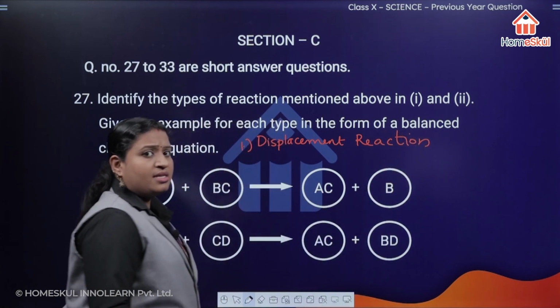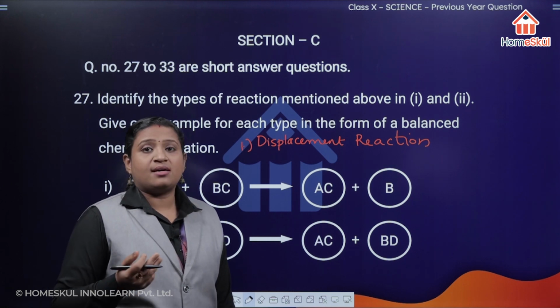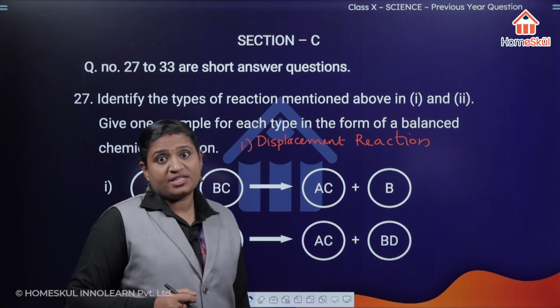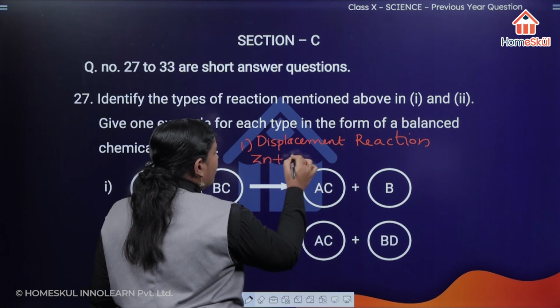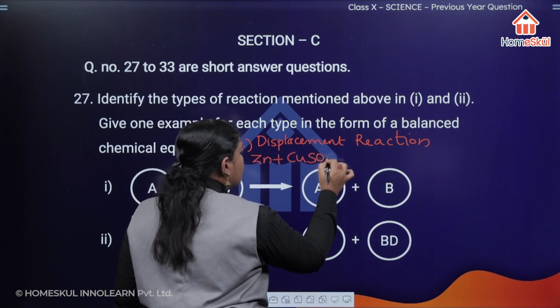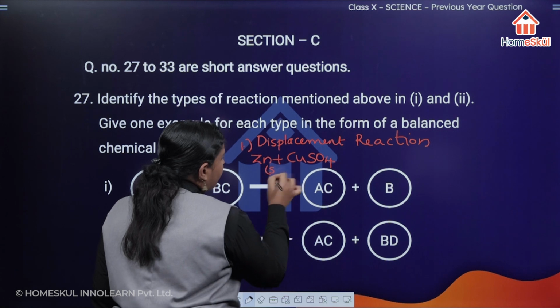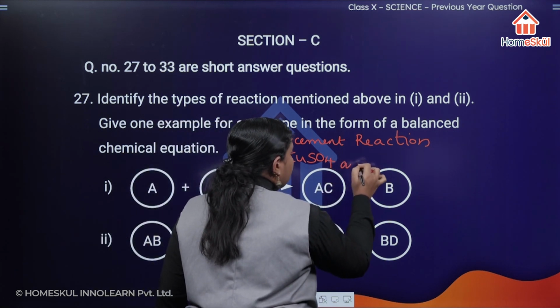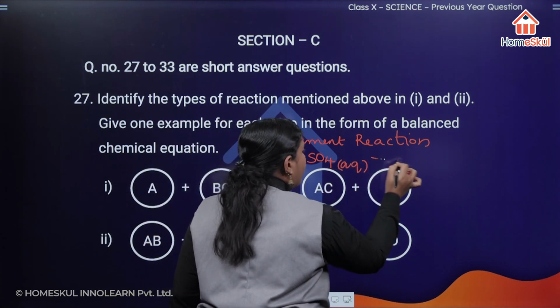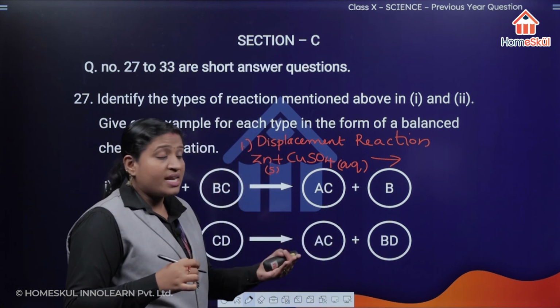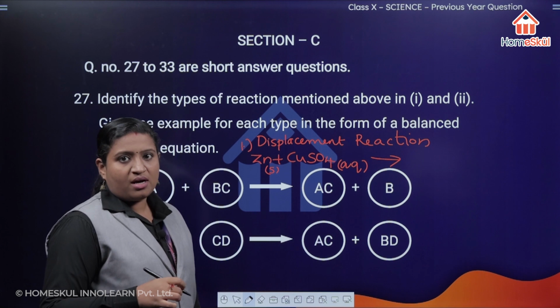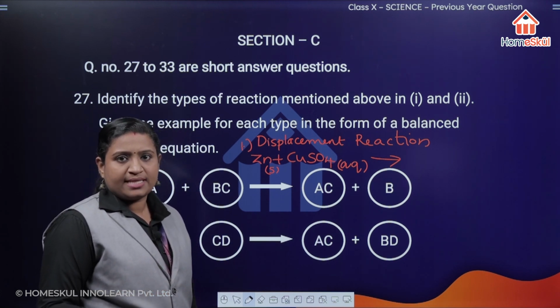Yes. What happens when zinc is placed in a copper sulfate solution? When zinc is dipped in copper sulfate solution, we know zinc is solid. When it is dipped in copper sulfate solution, which is in aqueous form, what happens? Since zinc is more reactive than copper, displacement reaction takes place, isn't it?